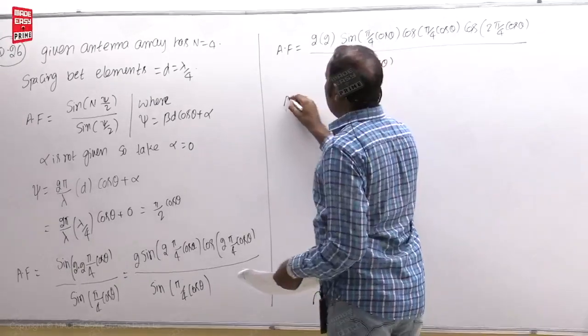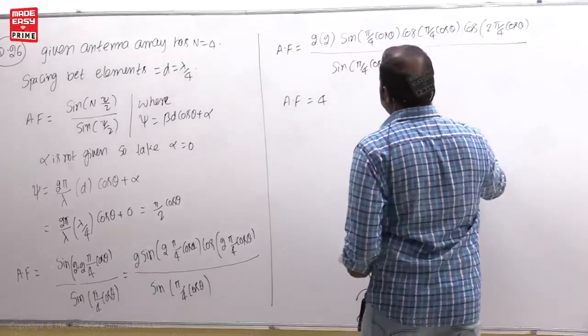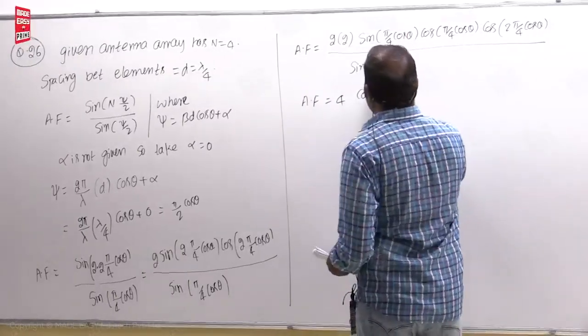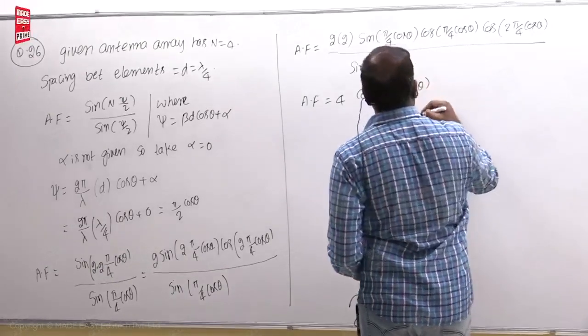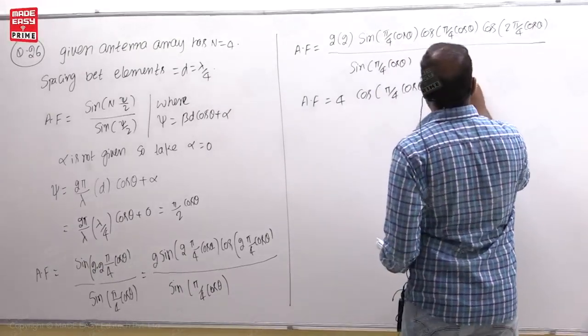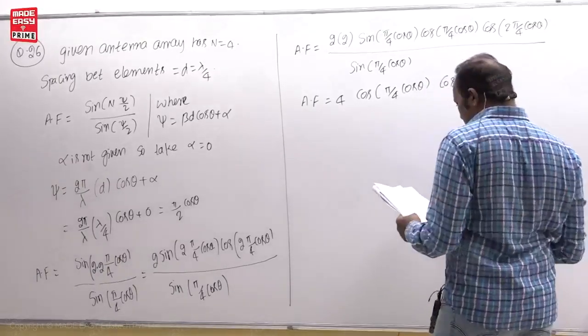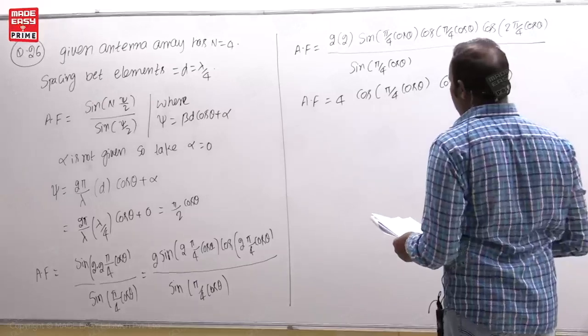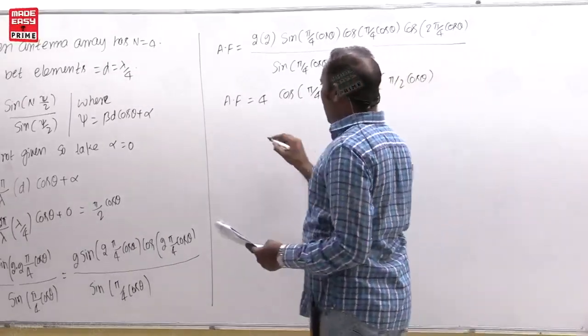This cancels. So array factor is equal to 4 cos of pi by 4 cos theta, then cos of pi by 2 cos theta you get. So 4 cos pi by 4 cos theta, cos pi by 2 cos theta. It is in option A, student.